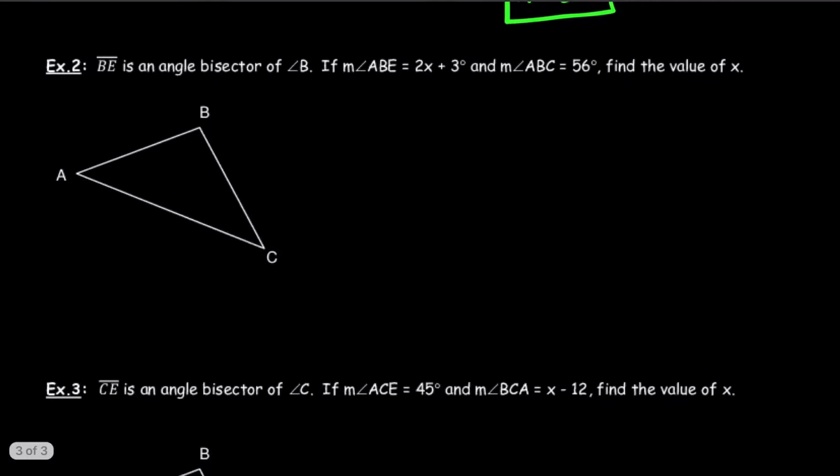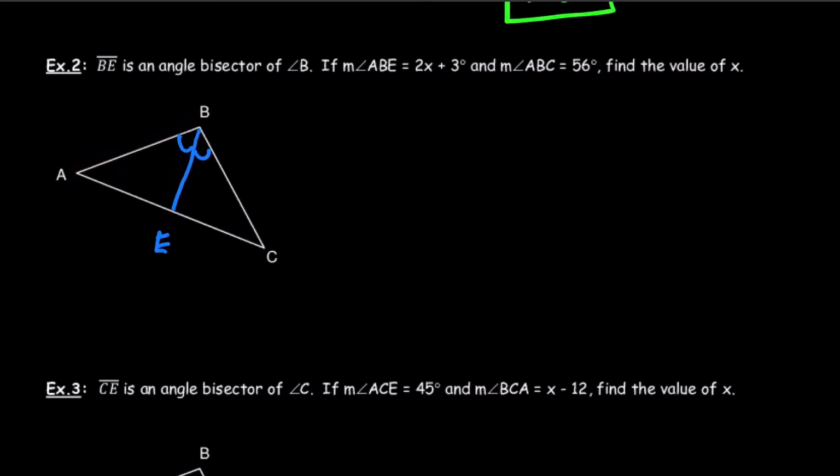Our next one. It says BE is the angle bisector of angle B. So I come down like that. These two angles will be equal. That's E, and this angle and that angle are equal. Now it tells me the measure of angle ABE. So check that one out. There's ABE right there.